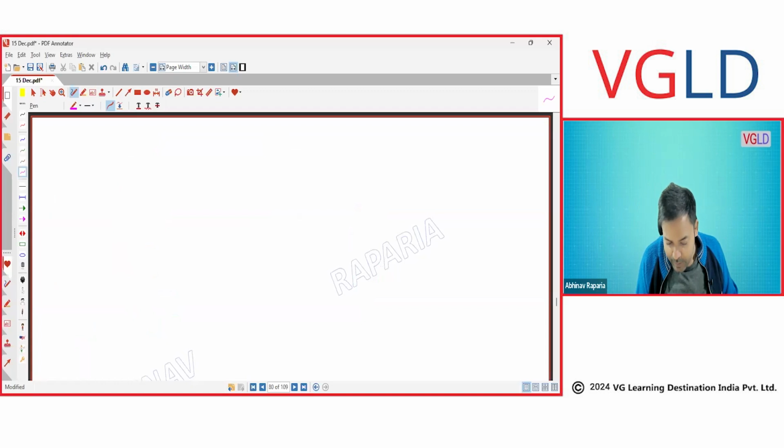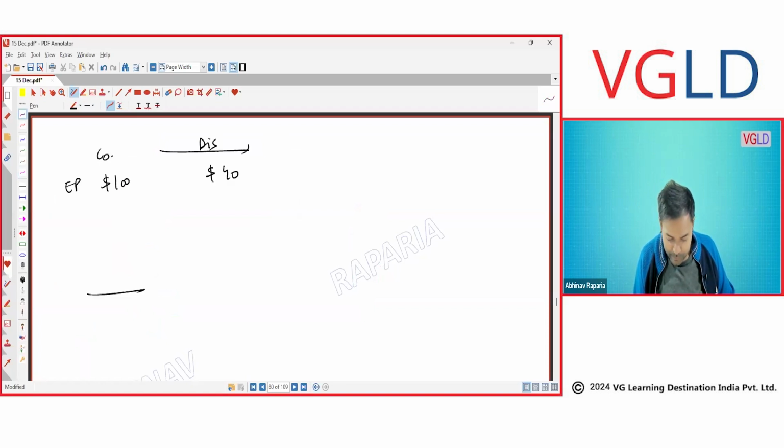Company is having earnings and profit of $100. They are making the distribution of $40. Please tell me closing ENP. Very good. I'm going to reduce 40 from here. So this is coming 60.